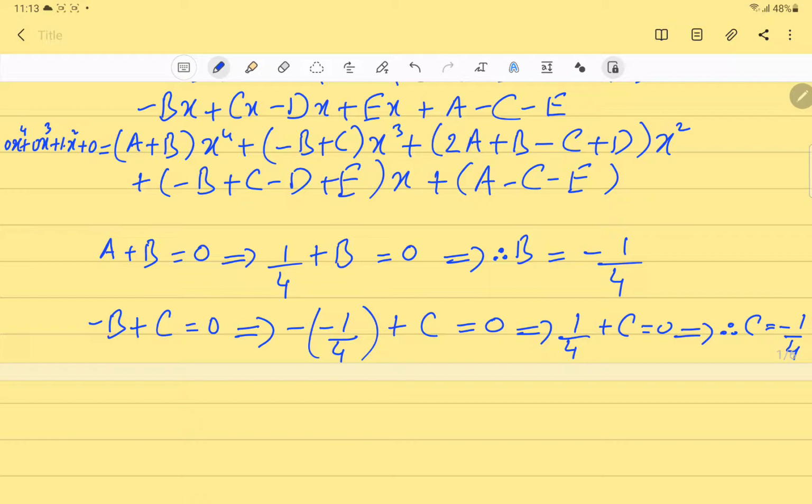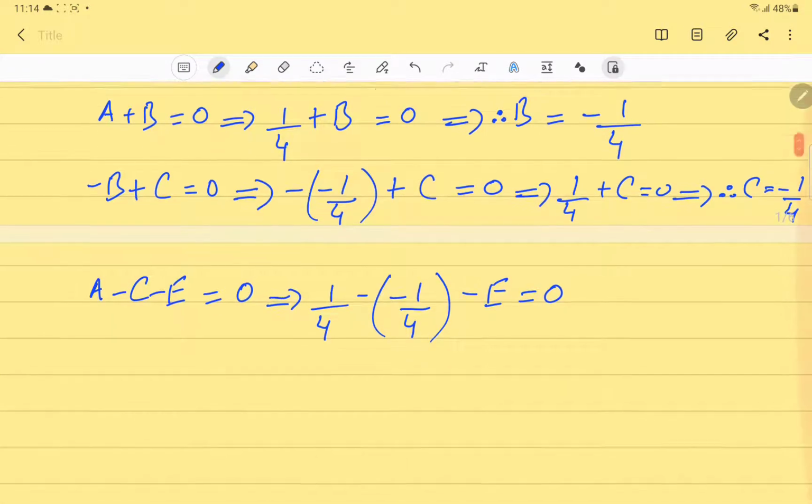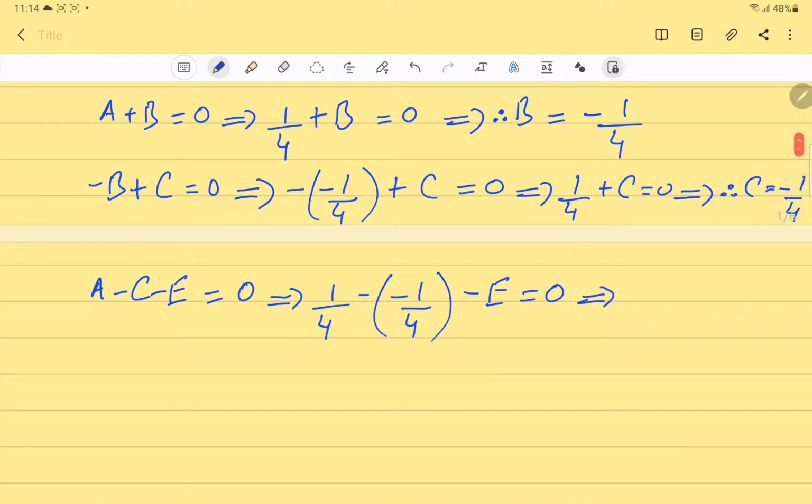For the terms which are without x, which are this one, so a minus c minus e is equal to 0. A is 1 over 4, c is minus 1 over 4, so it will be 1 over 4 plus 1 over 4 minus e is equal to 0.